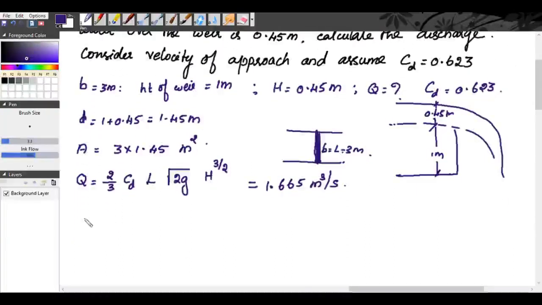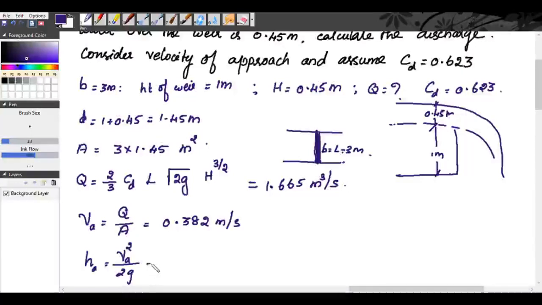Now the velocity of approach VA is equal to Q by area. So 1.665 divided by area, 3 into 1.45, you get 0.382 meter per second. Now the additional head HA is equal to VA square by 2G. So 0.382 square divided by 2 into 9.81, you get 0.0074 meter.